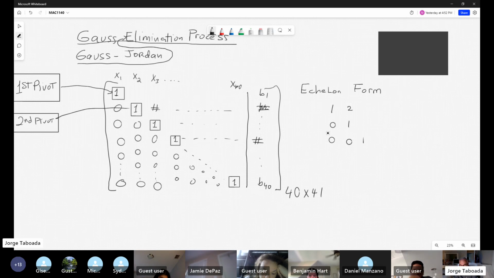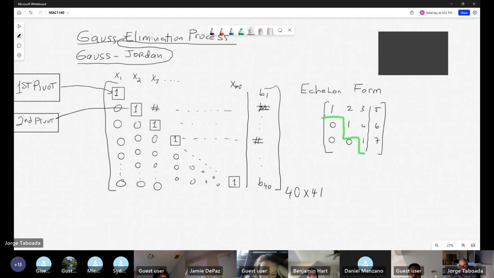And here we have 2, 3, 4, 5, 6, and 7. Suppose that I manipulate my matrix with this new algorithm. Now I have echelon. Echelon means that our matrix is like stairs, like that. Look, we have 0 below the pivot.